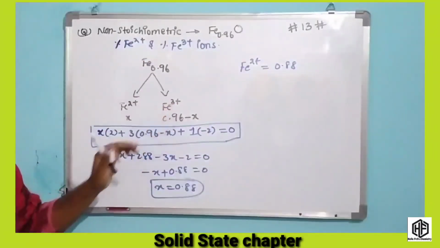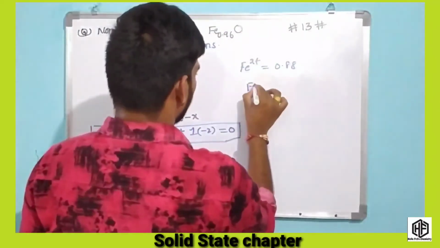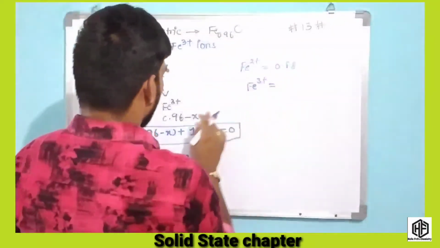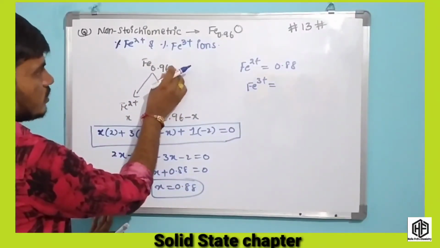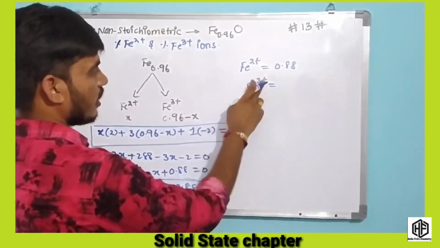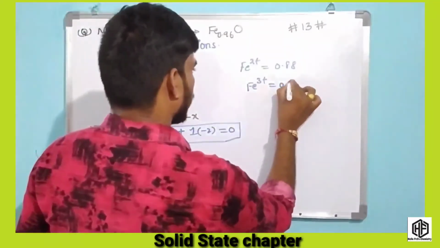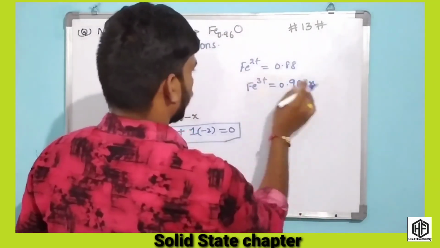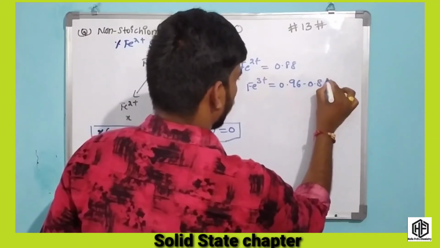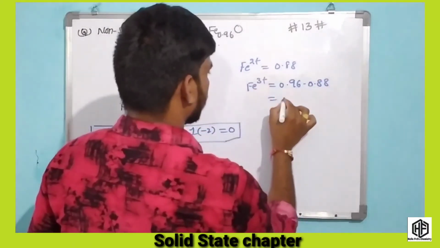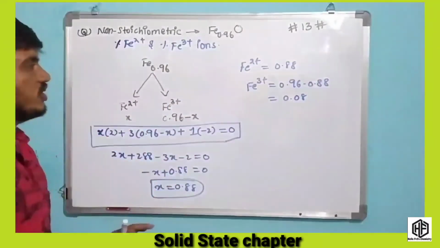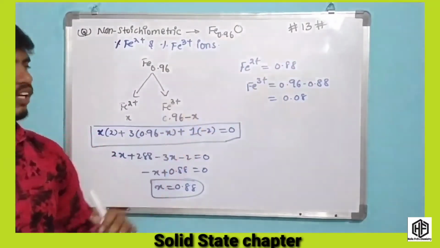And for the Fe3+, the total Fe ions are 0.96, so Fe3+ is 0.96 minus Fe2+, which is 0.88. Finally the Fe3+ ions are 0.08. Fe3+ is 0.08, Fe2+ is 0.88.